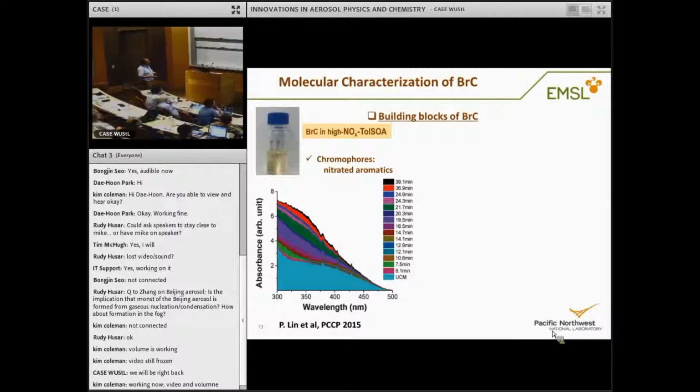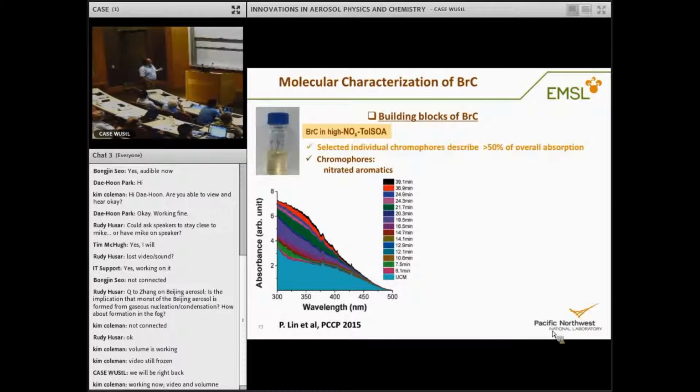And it turns out that actually half of it can be attributed to the light absorption by just a handful of chromophores. Once we know those chromophores, and we can say something specific about their possible chemistry and formation, we can start to develop predictive understanding of the brown carbon properties.